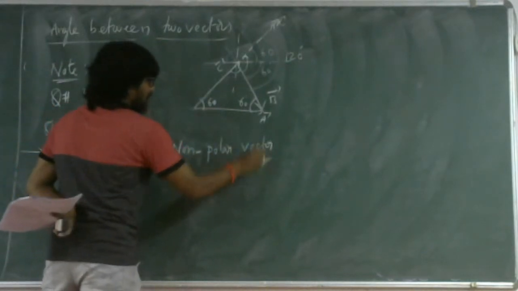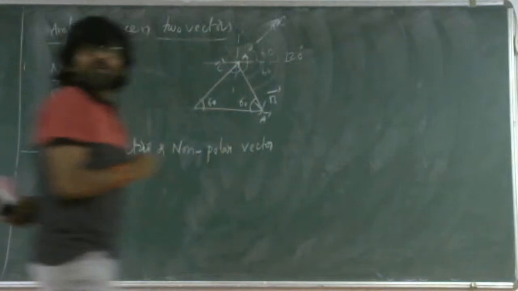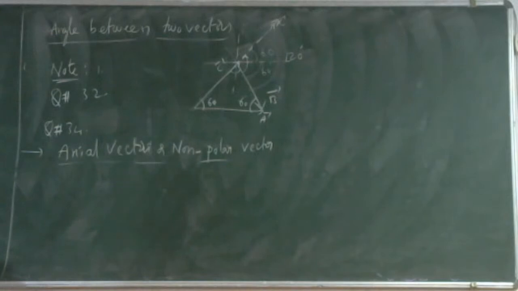Examples: angular displacement, angular velocity, torque, angular momentum, etc. All angular variables, angular displacement, angular velocity, angular acceleration, angular momentum, torque, are called axial vectors, also called non-polar or rotational vectors.